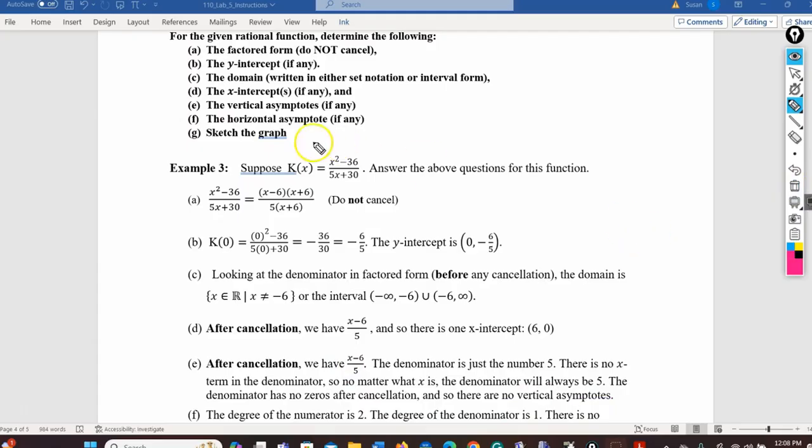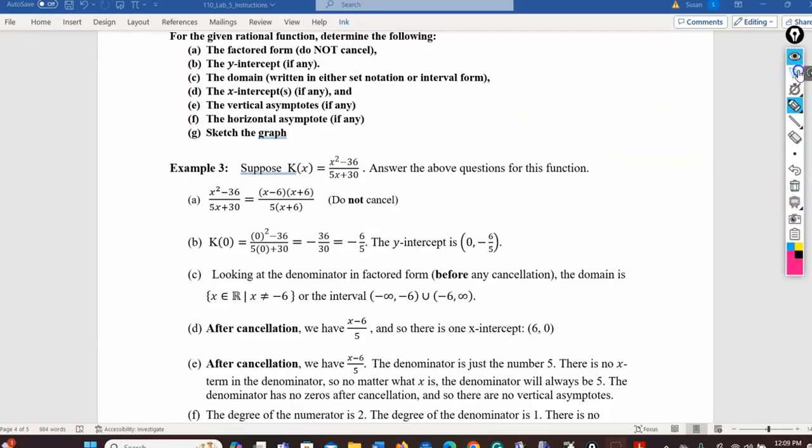And then finally, what about horizontal asymptotes? Well, the degree of the numerator is 2, and the degree of the denominator is 1. So the degree of the numerator here is bigger than the degree of the denominator. And from the first page of the 3 cases, if the degree of the numerator is bigger than the degree of the denominator, there is no horizontal asymptote.